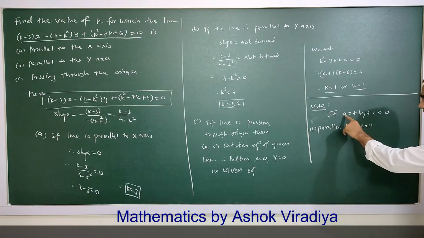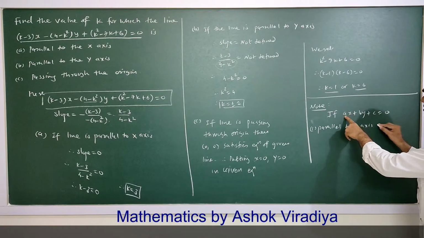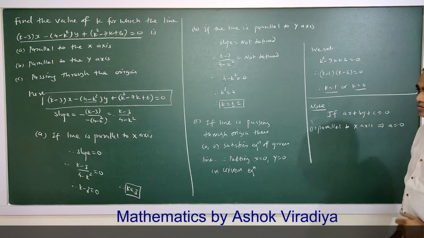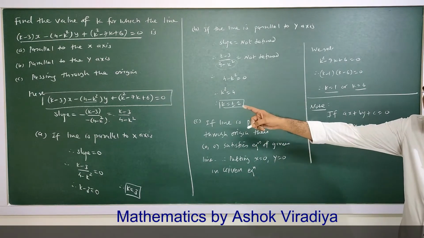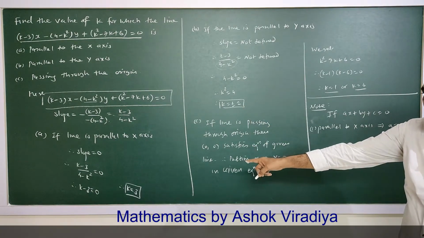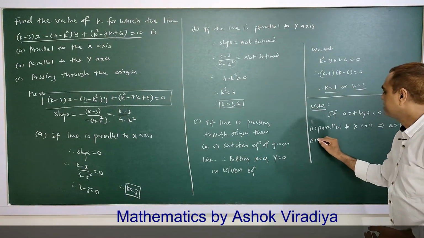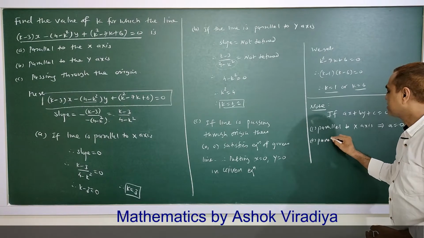The equation doesn't contain x. So in that case, the coefficient of x is 0. A is 0. So in that case, see here, A is 0, k minus 3 is 0. So k is 3.